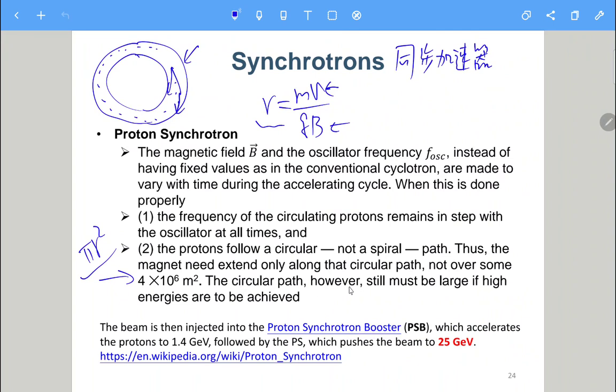Okay, so the circular path, however, still must be large if high energies are to be achieved. So it says the beam is then injected into... I actually found it on Wikipedia.